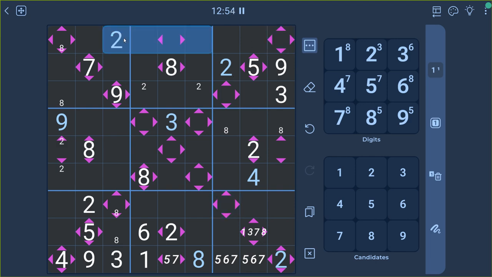The 9 in this row is in these. Therefore, this has to be a 4, 5, or 6. It can't be a 5 because there is a 5 in that box already. So it is 4 or 6.